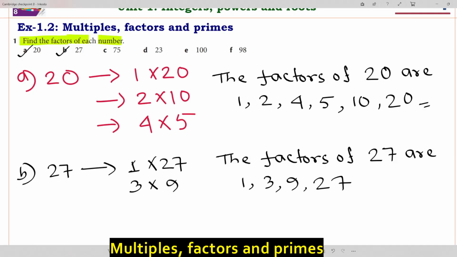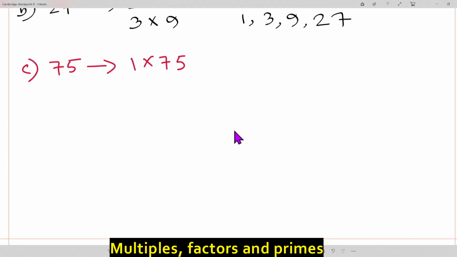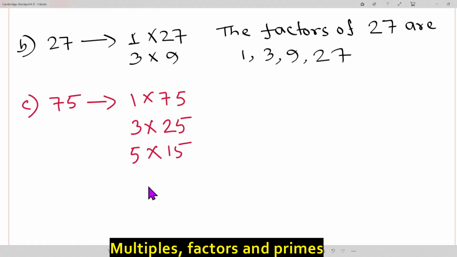Number C. Here is 75. First, it's a common thing, 1 times 75. Then 2 is not possible, 3 is possible, 3 times 25. 5 times 15. 6, 7, 8, 9. 9 also not possible because 8 times 9 is 72. So 9, 10, 11, 12, 13, 14, 15.